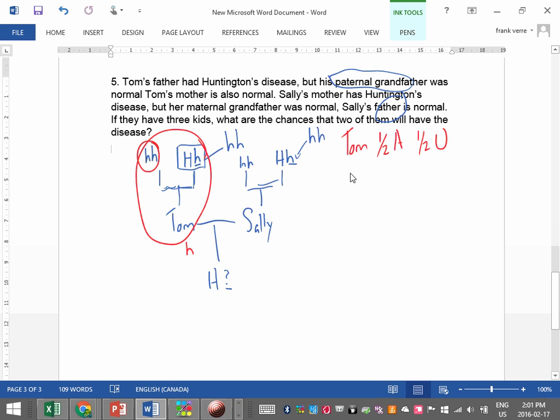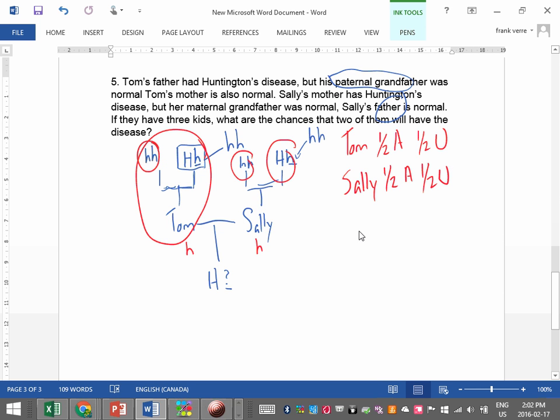Sally is exactly the same. Sally has a 1/2 chance of being affected, because for sure she's going to get a little h, but there's a 50% chance she gets a big H, because 1 out of 2 is big H from this side of the family. So again, Sally's the same.